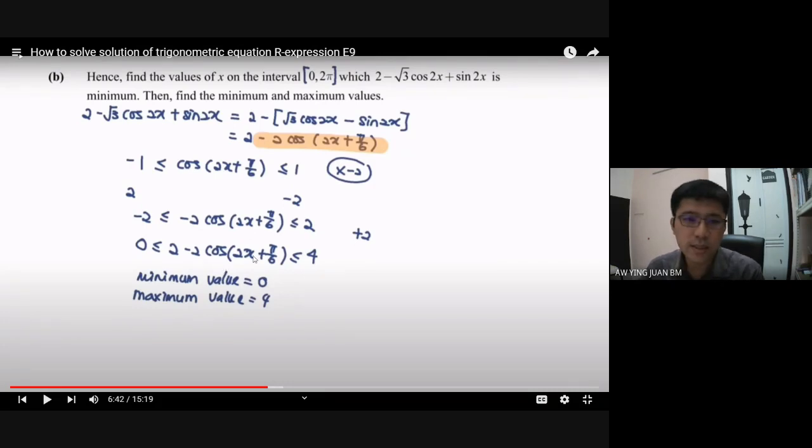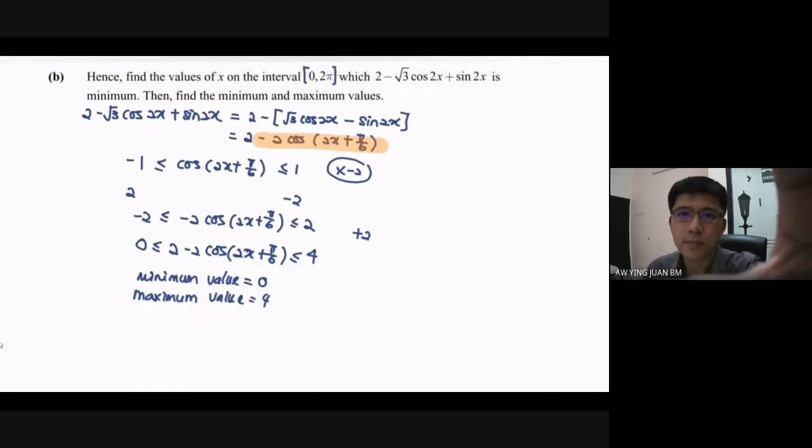Okay, done. So now you already have your maximum and minimum value. Based on the question, they said find the value of x for which this is minimum. So that means it equals 0. Continue.